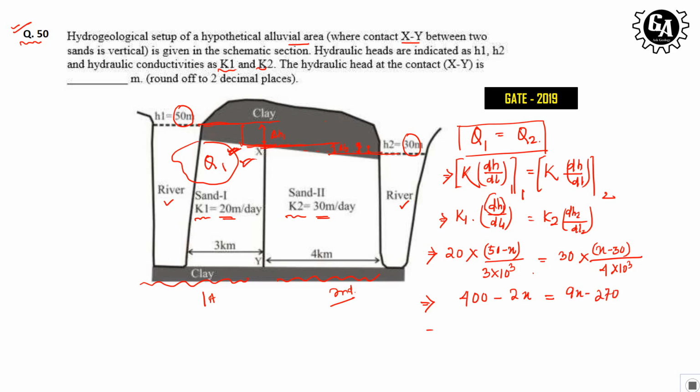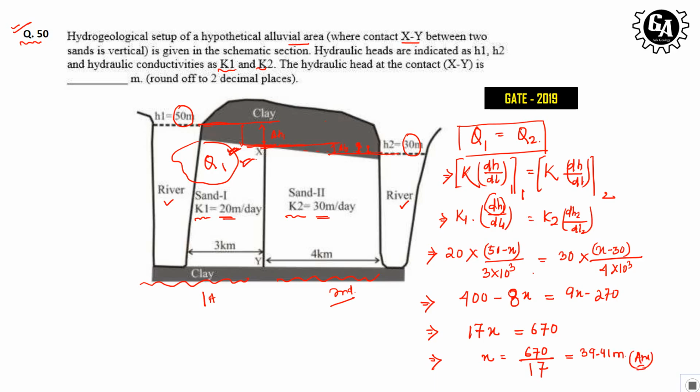So in this case, if we simplify, this is 8x, so this is going to be 17x is equal to 670. Then x is equal to 670 by 17, which is 39.41 meter, and this is our answer.